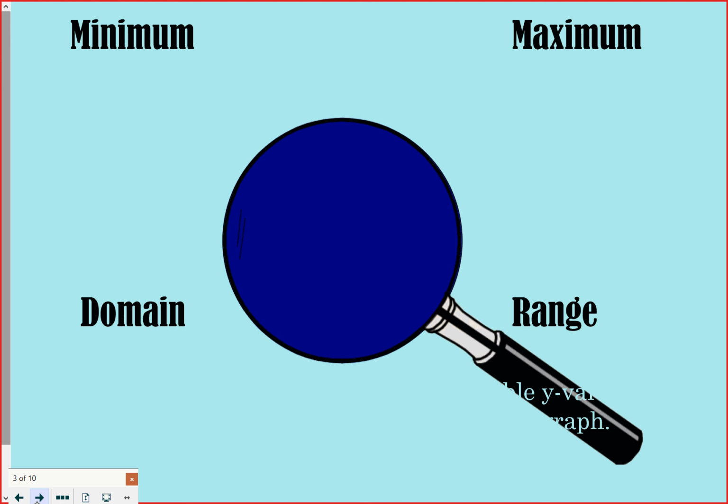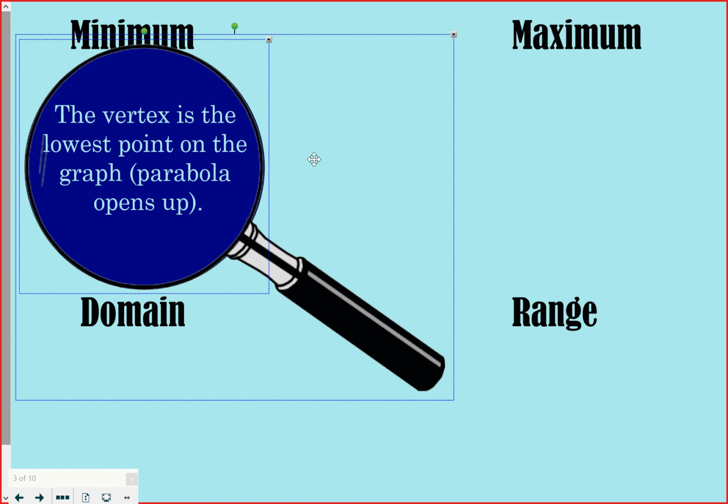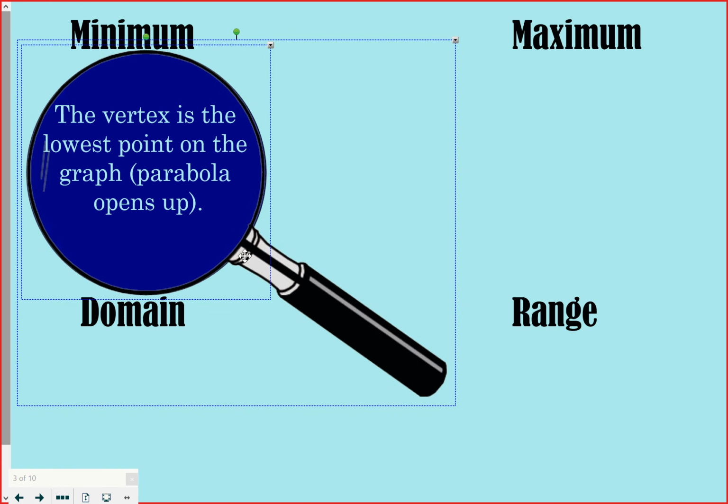We talked about the vertex. The vertex is also going to determine whether it's a minimum or a maximum. We already talked about it a little bit, but I'm going to have you put this down again. The vertex is the lowest point on the graph, which is when your parabola is opening up, so it's also known as your minimum.